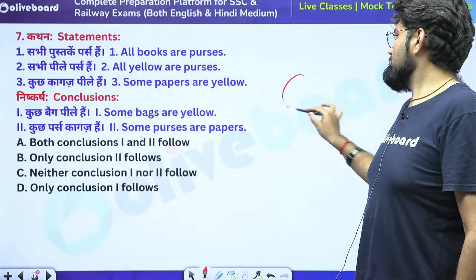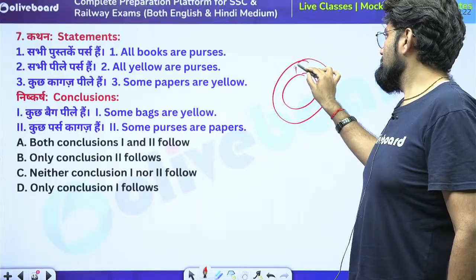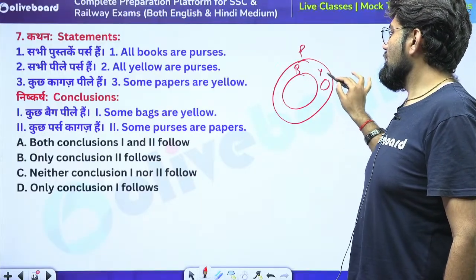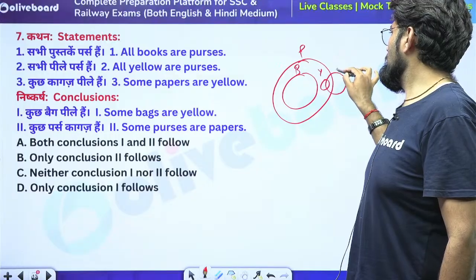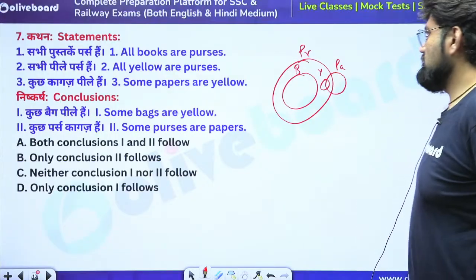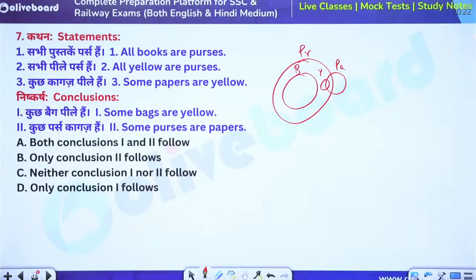All books are purses. All yellow are purses. Some papers are yellow. Okay. Some bags are yellow.